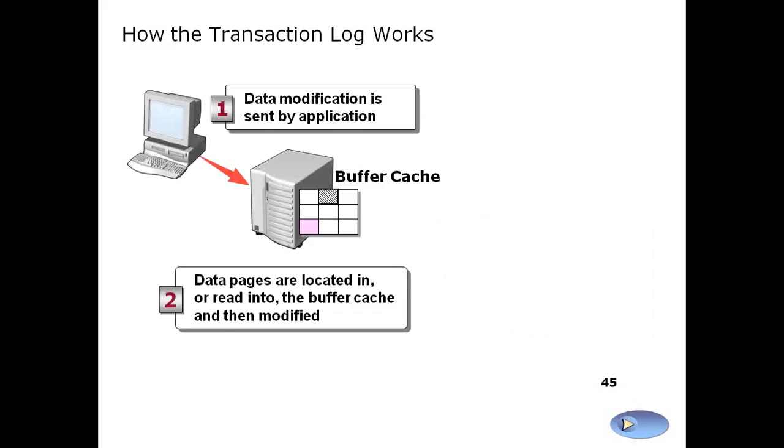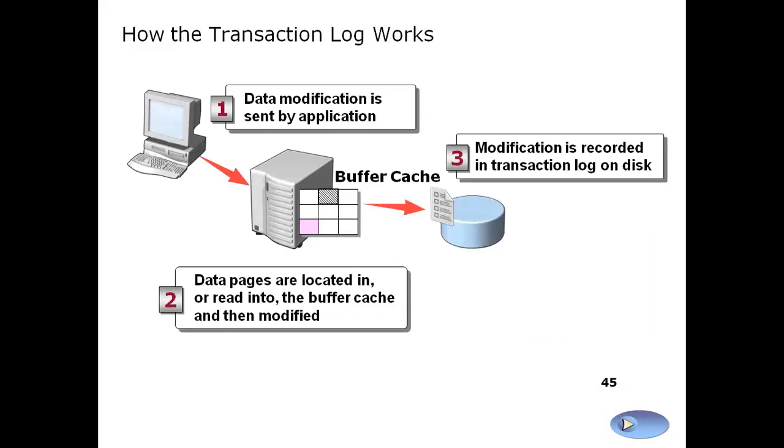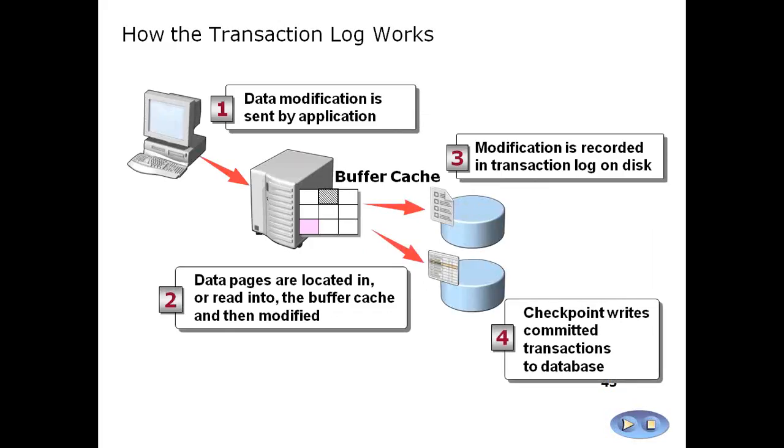The page is modified. After modification, the modification is recorded into the transaction log file. So that modification is logged into the transaction log file. After the checkpoint happens, the completed transaction, that means the modified page, is written back to the disk.